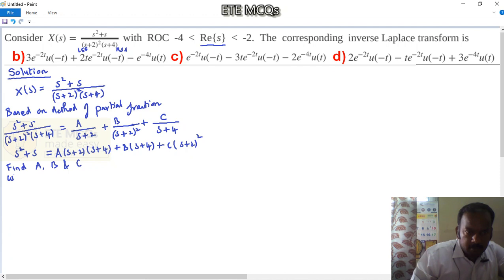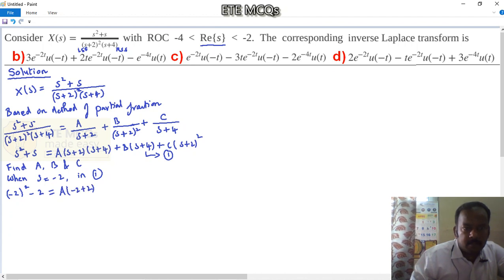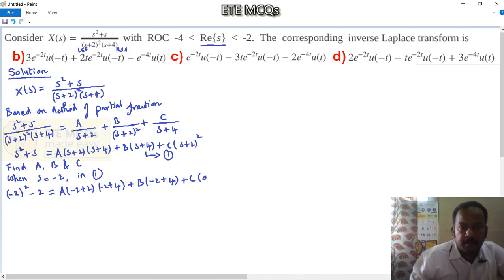Let me take this as equation number 1. When s is equal to minus 2 in 1, we get (minus 2) the whole squared minus 2 equal to A into (minus 2 plus 2), which becomes 0, times (minus 2 plus 4), plus B into (minus 2 plus 4) plus C into (minus 2 plus 2) the whole square, which is 0.